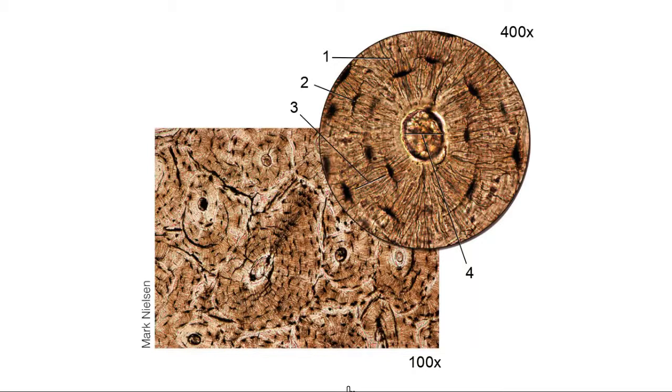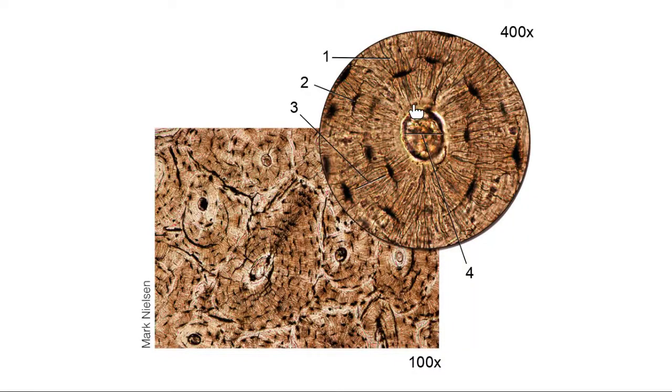Okay. In the compact bone, we have a specific structure which we call osteon. The osteon is like the cross section of the onion, as you see here. In the osteon, we have one part which we call central canal, and the central canal contains the blood vessels.